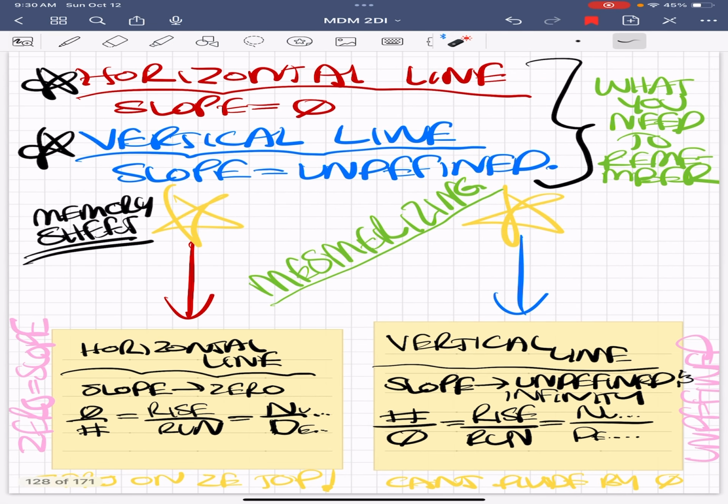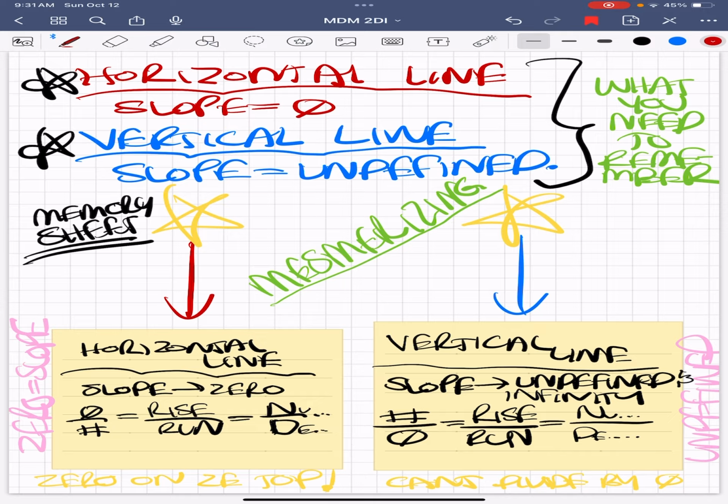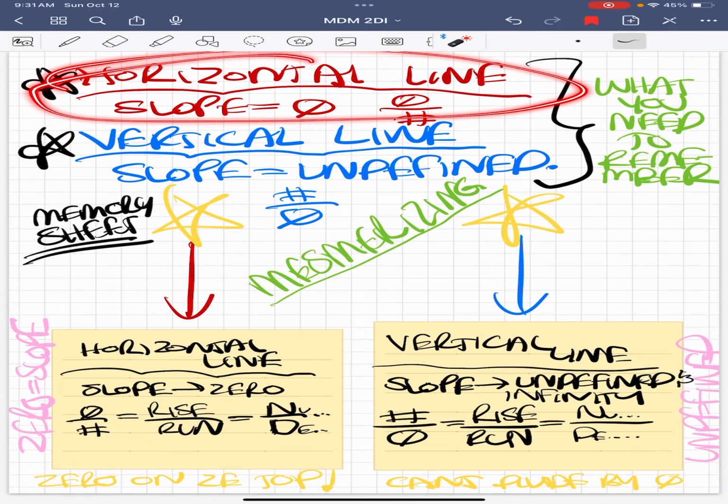And again, we will look at this page. So with horizontal lines, it is 0 over a number, and for vertical lines, it is a number over 0. Horizontal line slope equals 0.